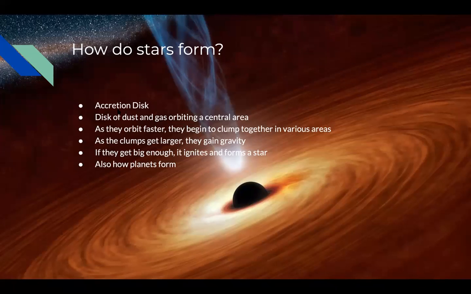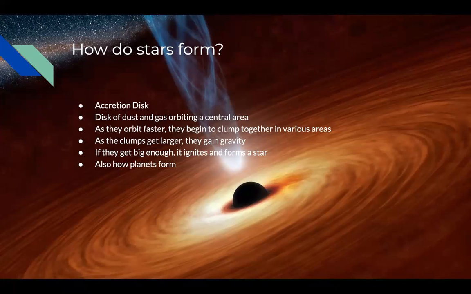So let's go back to it. An accretion disk is a disk of dust and gas orbiting a central area. And the faster they orbit, they begin to collide into each other and begin to clump together in various areas. And as the clumps get larger, they gain gravity, because anything with mass has gravity.